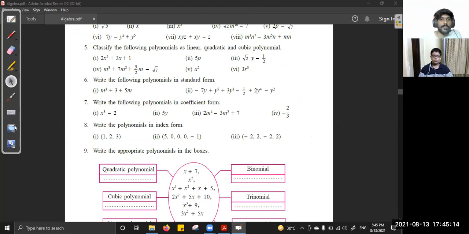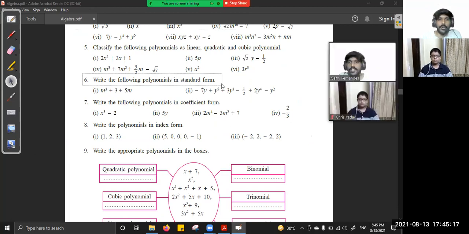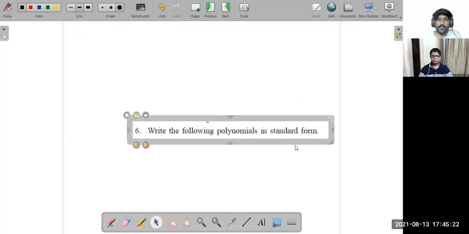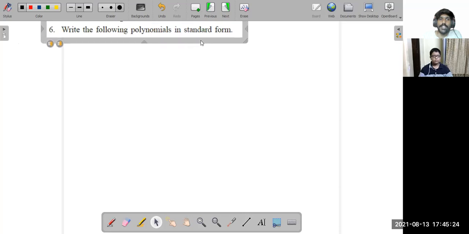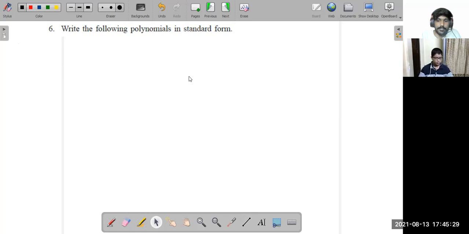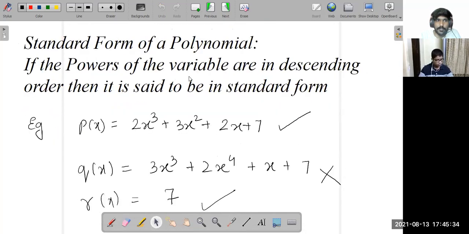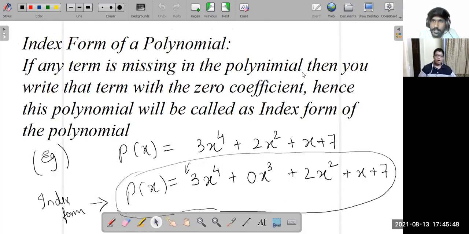Fine. Now question number 6. Write the following polynomial in standard form. Now, do you remember what standard form is? You can look at the screen. If the powers of the variables are in descending order, that will be standard form.